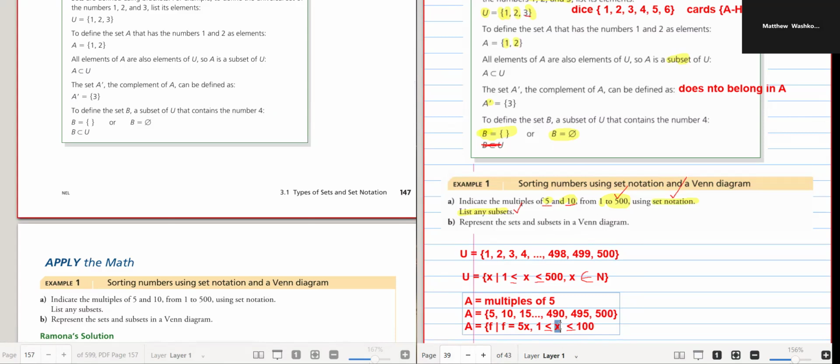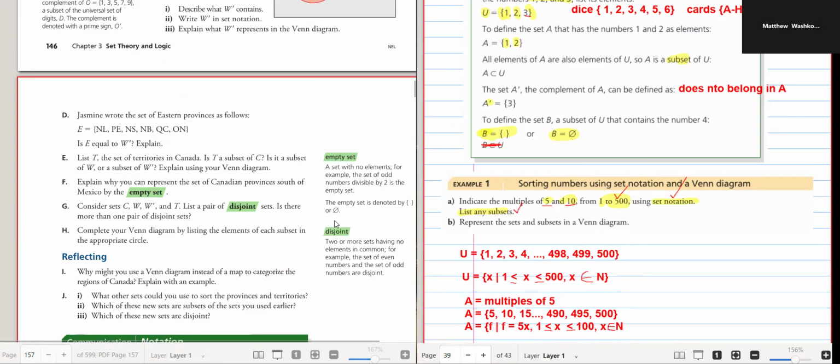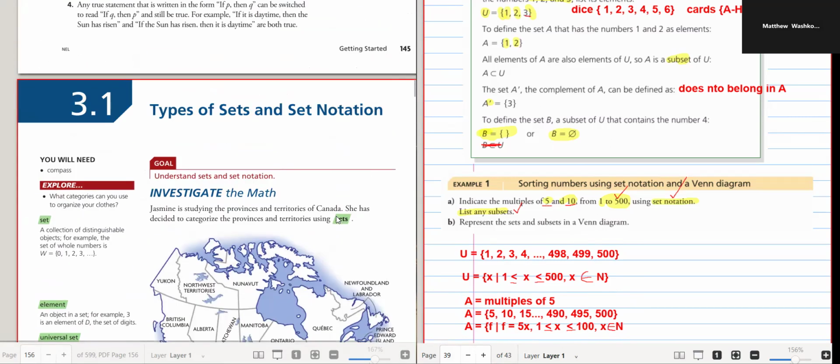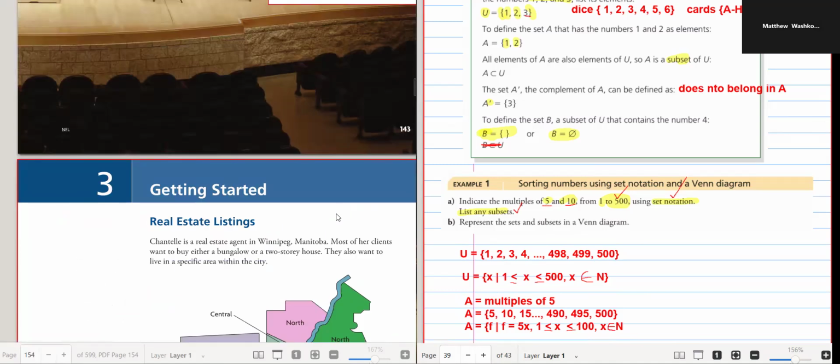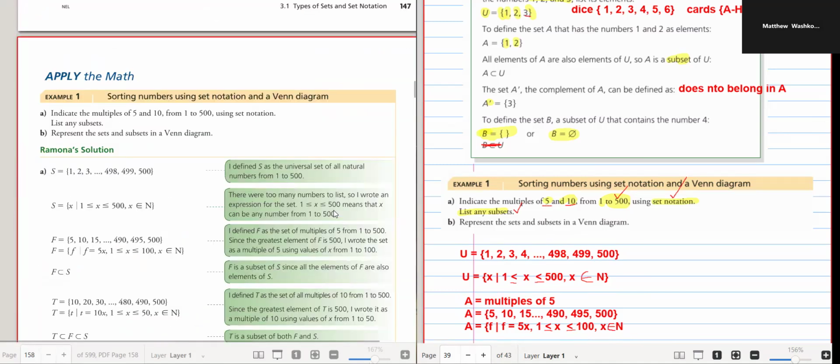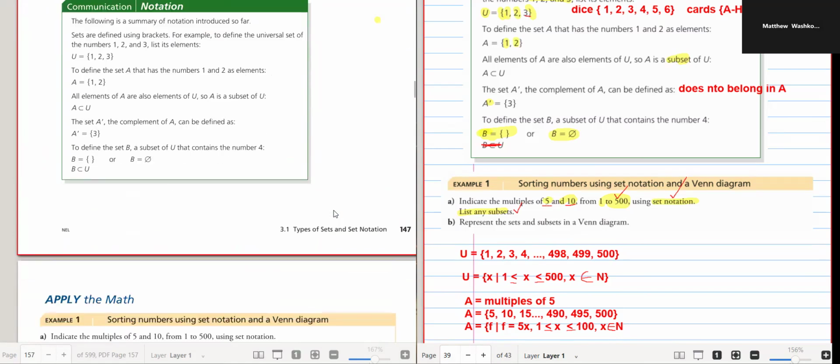So any number between 1 and 100, all I got to do is times it by 5, and I get a multiple of 5, right? As long as x is a member of a natural number. The natural number. If you're like, where'd you get those natural numbers from? Do they even talk about it? Oh, they don't even talk about it. All right, well.